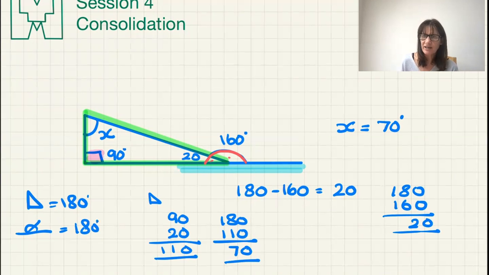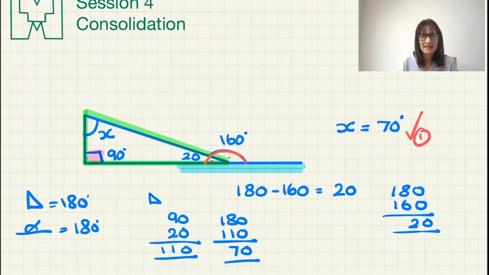And if I had to give a reason, then I would actually be writing quite a lot because I used a straight line. So I'd have to write that down. I used a straight line, 180, and then I used triangle, 180. Now, if you got that right, but you haven't got all the workings out, you've definitely got 1 mark. If your method really supports your answer, then you could expect full marks.